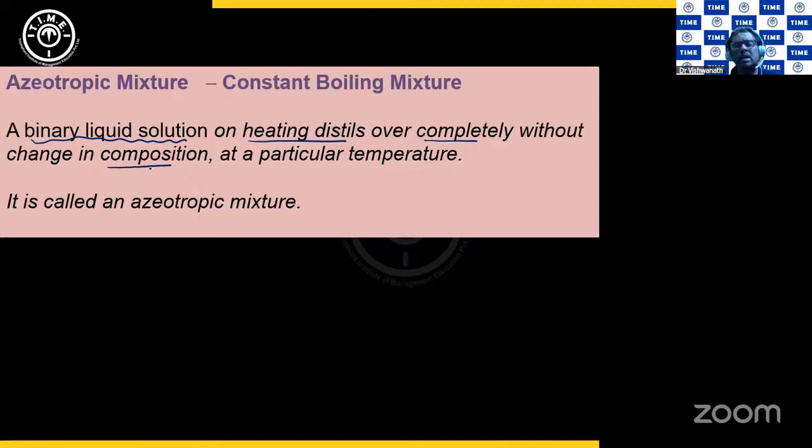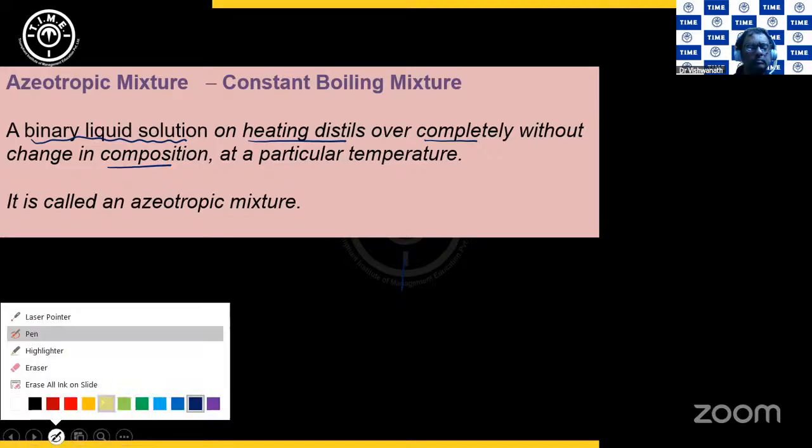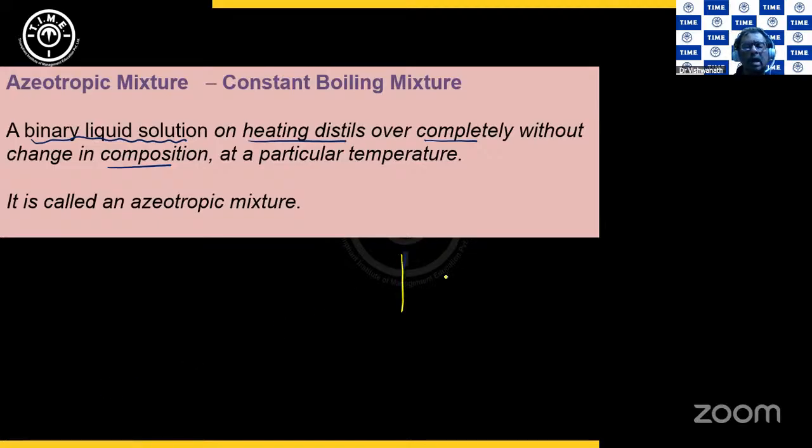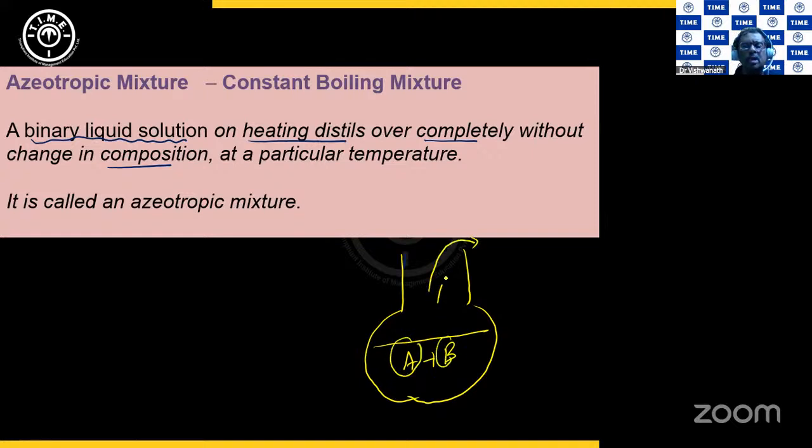So what does this mean? That you have a liquid, let us say that we'll have a round bottom flask, wherein you have got both the liquids A and B. Suppose A is more volatile than B, then we'll have more A going out than B. So B will go less, A will go more.